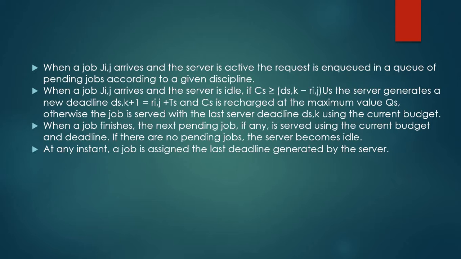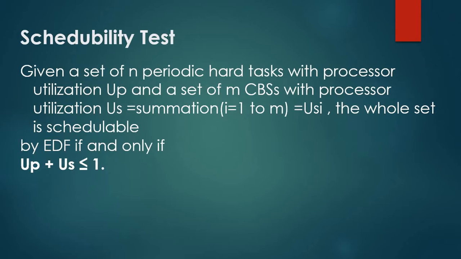Otherwise, the job is served with the last server deadline DSK using the current budget. When a job finishes, the next pending job, if any, is served using the current budget and deadline. If there are no pending jobs, the server becomes idle. At any instant, a job is assigned the last deadline generated by the server.